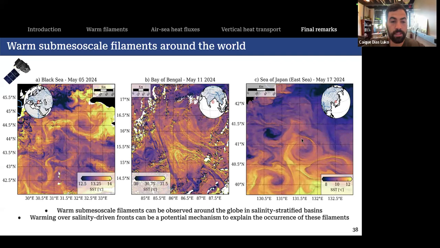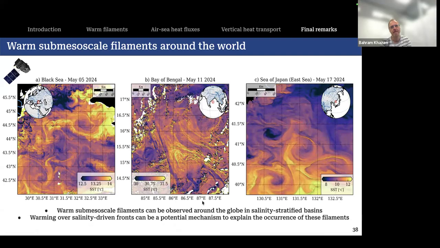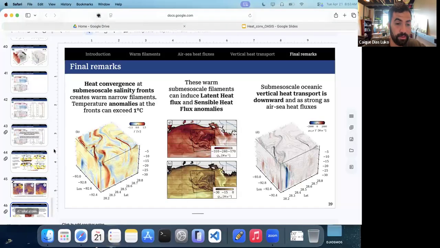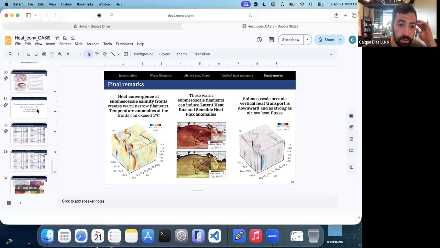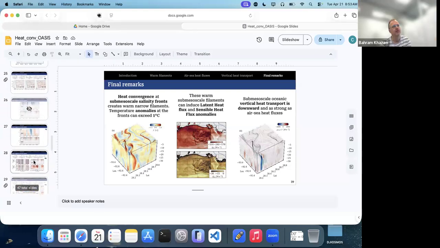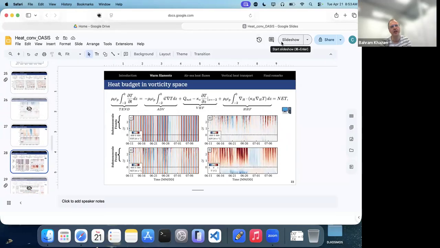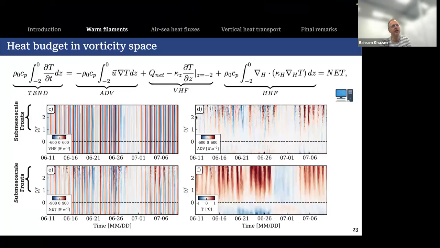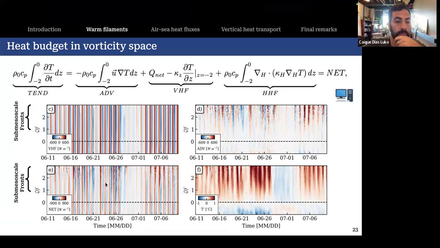On the heat budget term, yeah. It was difficult doing it offline. There was a residual. If you take your tendency minus whatever is on the right hand side. Yeah, my tendency minus the net.